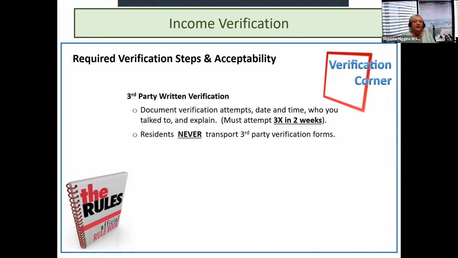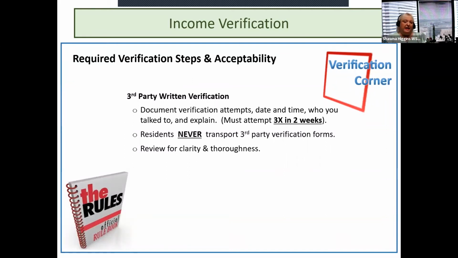And the residents never can transport the third-party verification forms. It has to be from you to the third party. And then when it comes back, you're going to want to review for clarity and thoroughness.